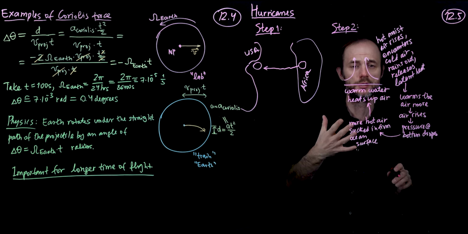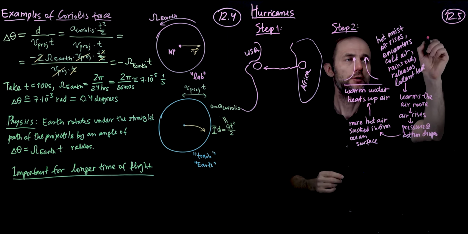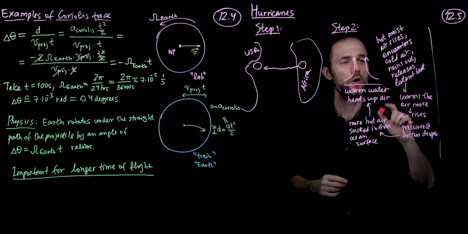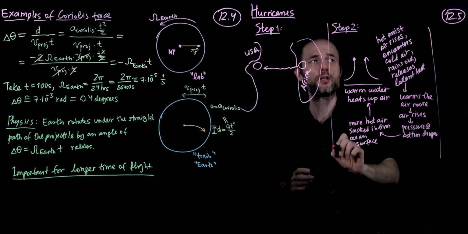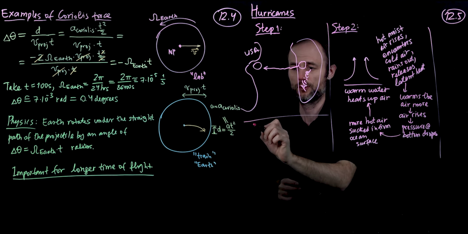So that is how we get the air in the updraft going. Now we will have step 3. I guess I can move to step 3 over here.